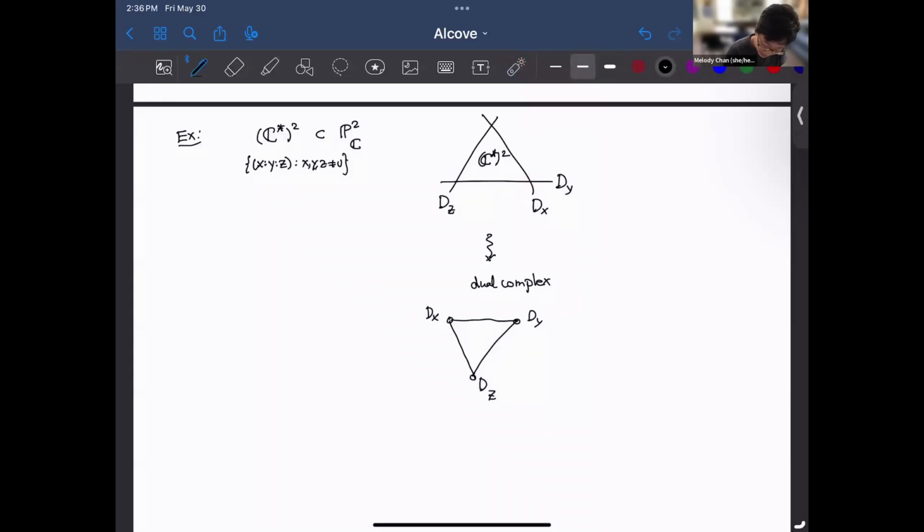And for us, it will be convenient to do the following, which is not too important, but can make some of my bookkeeping easier. For geometric purposes, I'll consider not just this triangle, but a sort of infinite cone over that triangle. So this is the tropicalization. Sorry about this picture, but this is supposed to be an infinite cone. So it's like a 3-sided infinite ice cream cone.